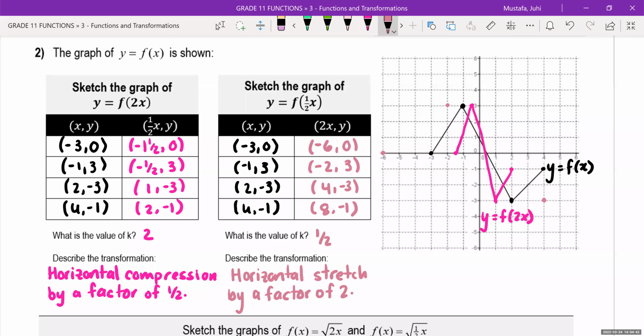It does go off the graph a little bit, but that just means that the graph is just being really, really stretched horizontally. And I would label this y is equal to f of a half x.